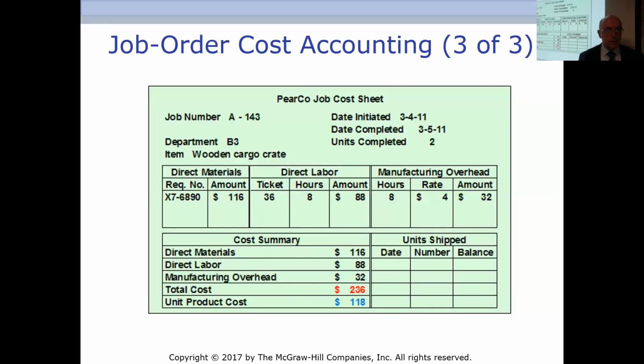Units completed. Is that what you're looking for? Yeah, units completed. Yeah, 2. Yeah, 236 divided by 2 is 118. It gets a little more difficult if you have some units that are partially complete. Now, let's say that you have something that takes a while to manufacture.